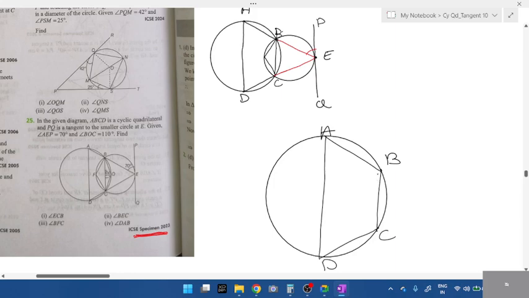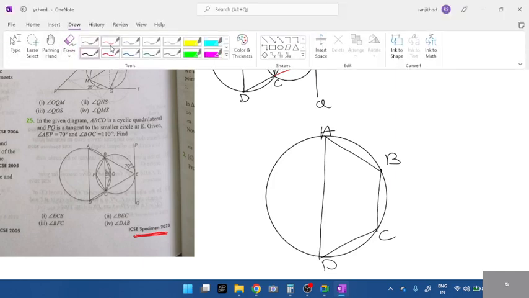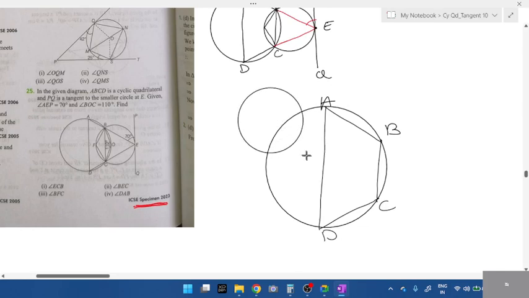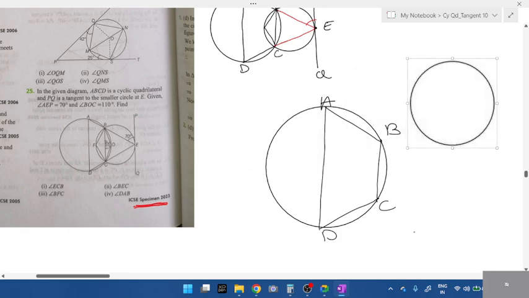Next one for the smaller circle. Let me draw the smaller circle. First split and draw it, students. Later you can write it together. This is the smaller one.